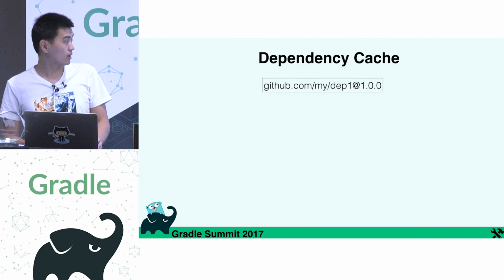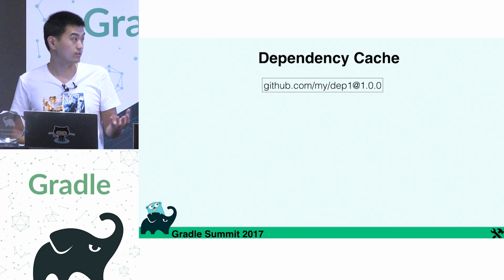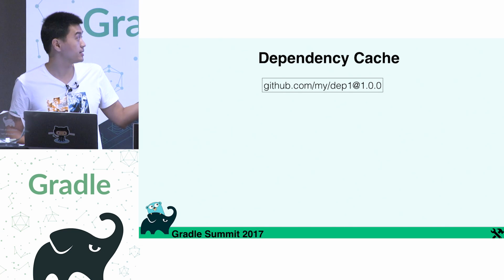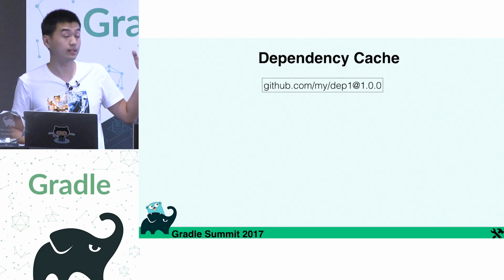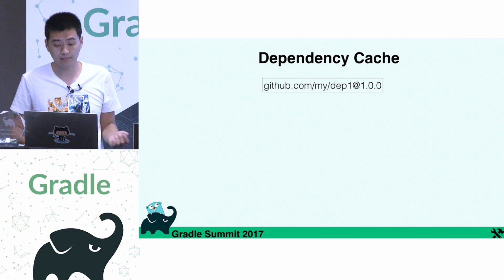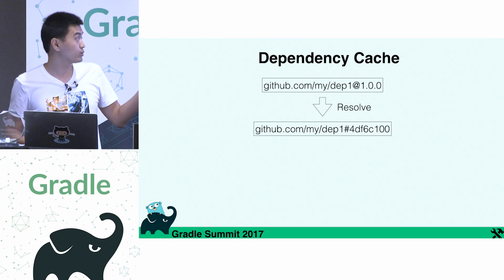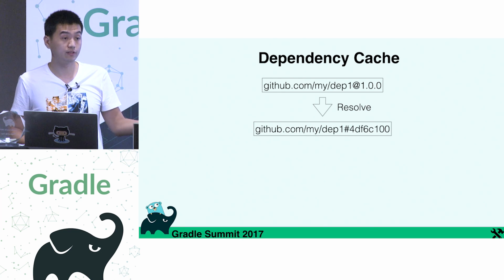And we just noticed that some things are cached. Suppose we have a dependency package with a git tag. It is not concrete because a git tag can change from time to time. So we need to resolve it to a concrete version, a dependency with a commit ID.